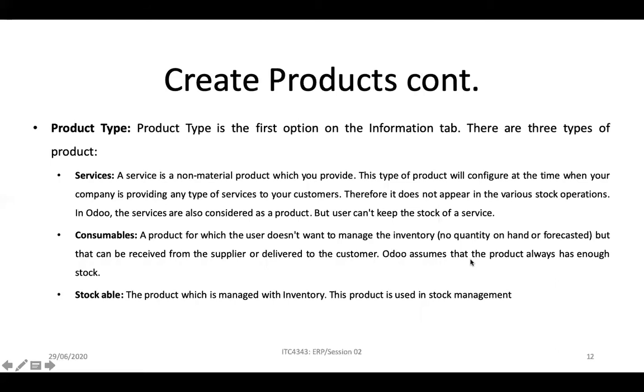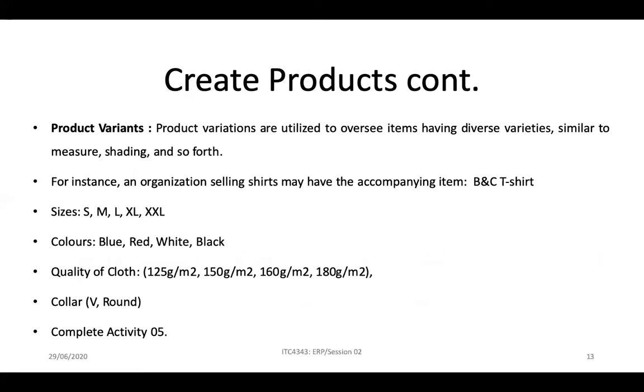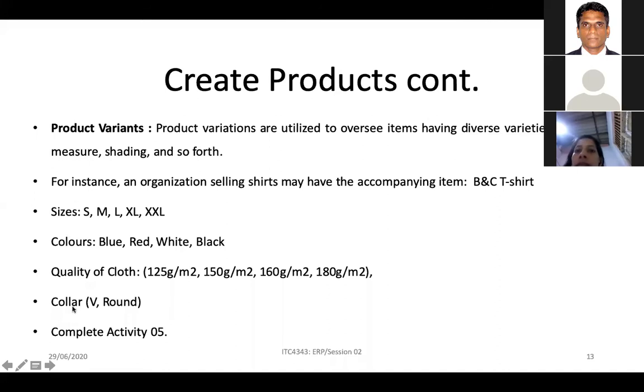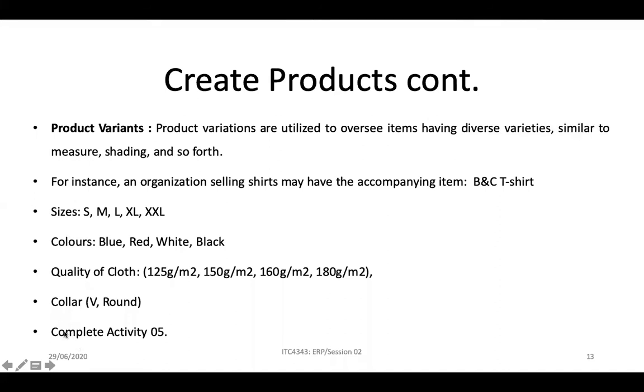Then we went through creating product variants. A product variant is a variant of a product, for example, if you have a t-shirt, then under the t-shirt you can differentiate by size, color, quality of cloth, shape, likewise.